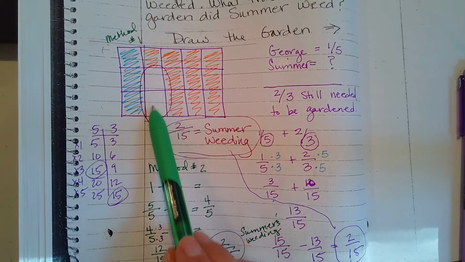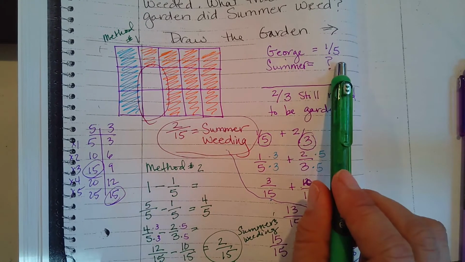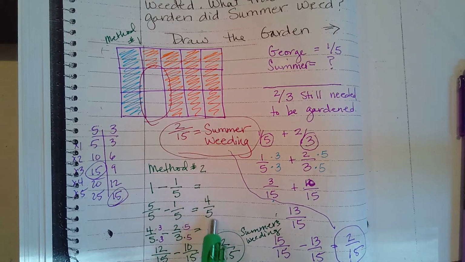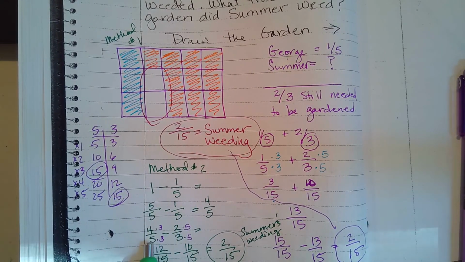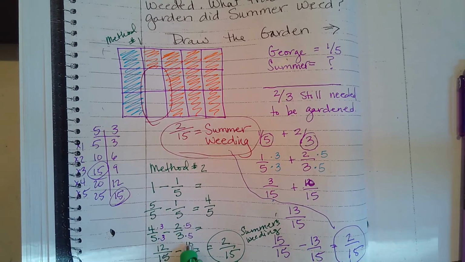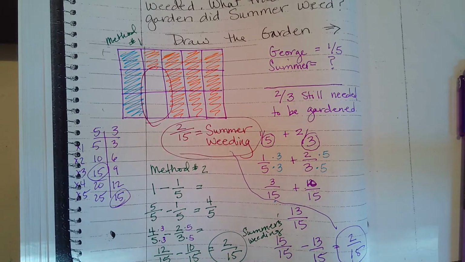That's the answer. That was the area we were looking for. And then in method 2, 1 whole, subtract the 1/5 that we did know. And then we got 4/5. And then I took my 4/5 and subtracted 2/3, what we also knew. Got 12/15 minus 10/15 is 2/15.